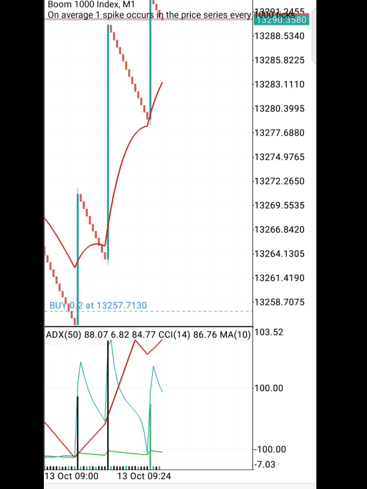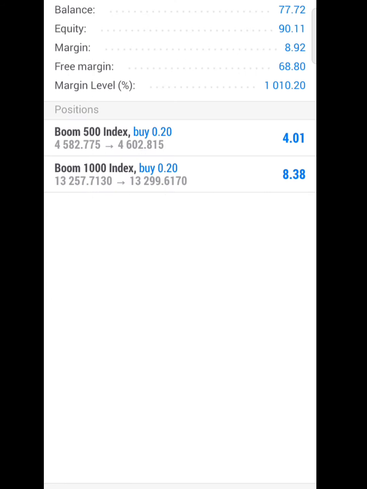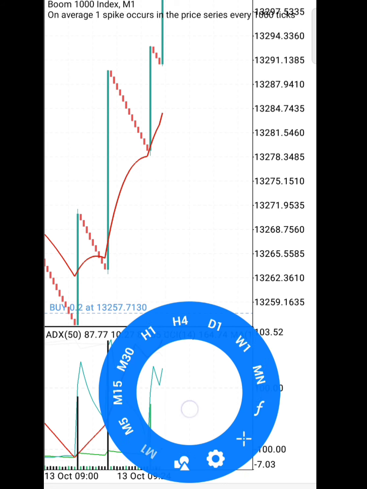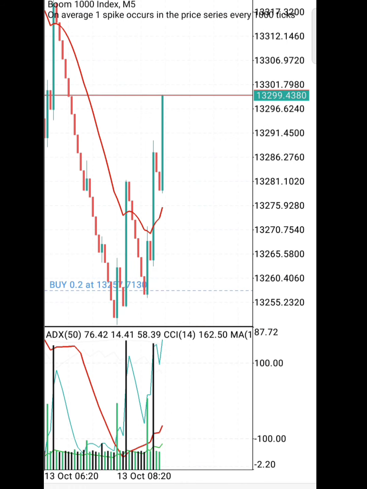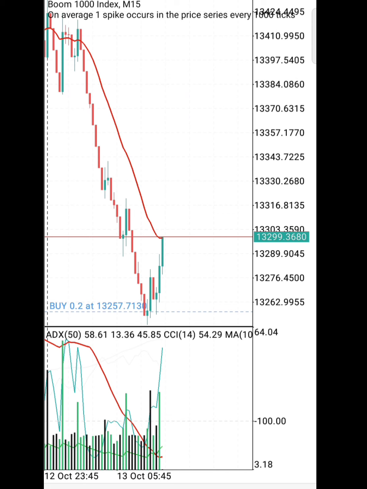Okay, for the Boom 1000, another spike. You can see more and more spikes on this strategy. So guys, this is a very powerful strategy for crash and boom, and we'll make money on this strategy.